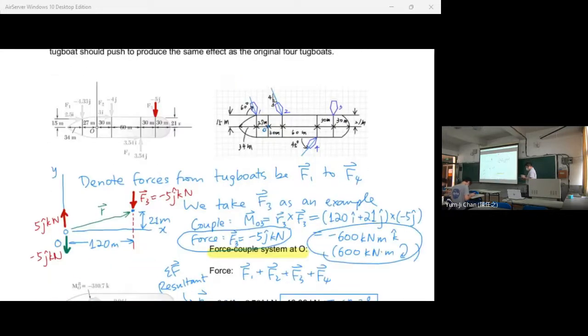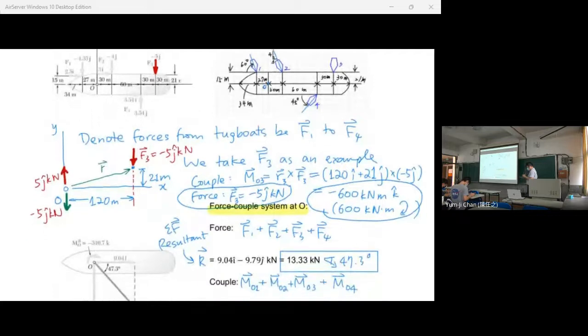We did part A before, and we changed the single force from ship 1 into a force couple system on point O, and for ship 2 we changed the single force to a force couple system at point O, and so on.